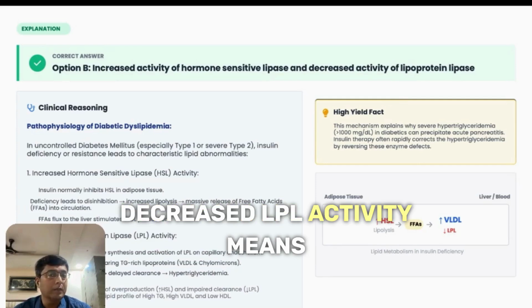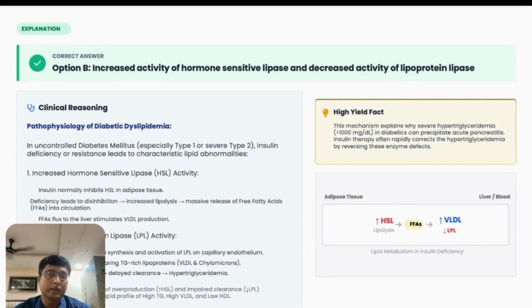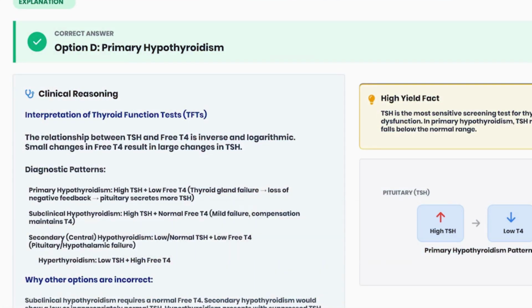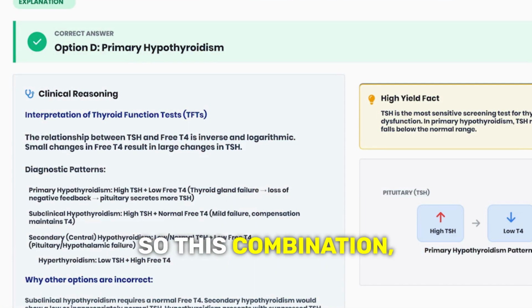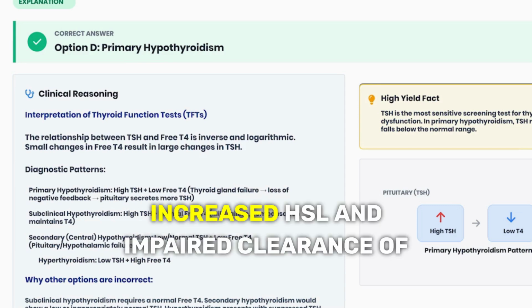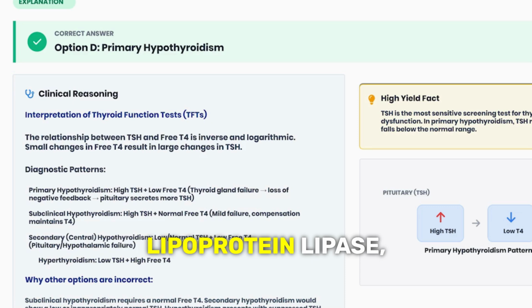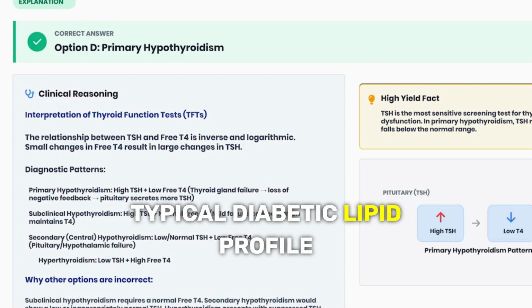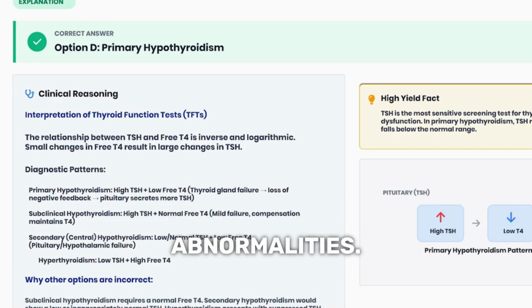Decreased LPL activity means delayed clearance, and that will lead to hypertriglyceridemia. This combination of overproduction from increased HSL and impaired clearance from decreased lipoprotein lipase causes the typical diabetic lipid profile abnormalities: high triglyceride, high VLDL and low HDL.